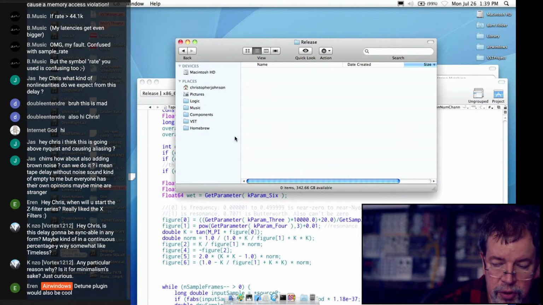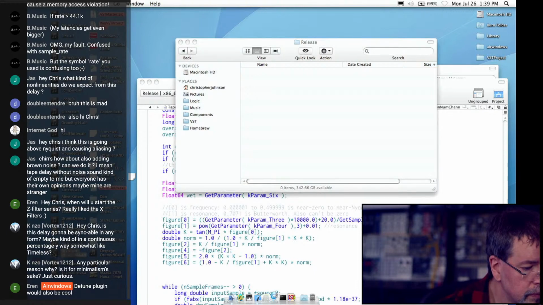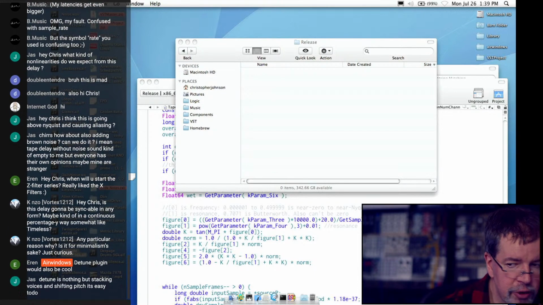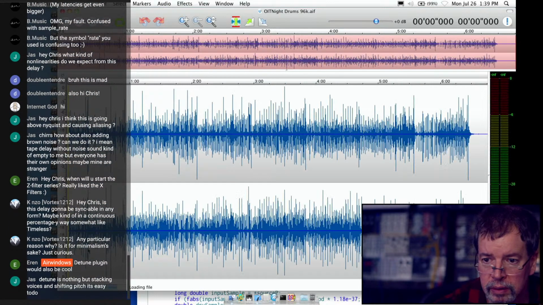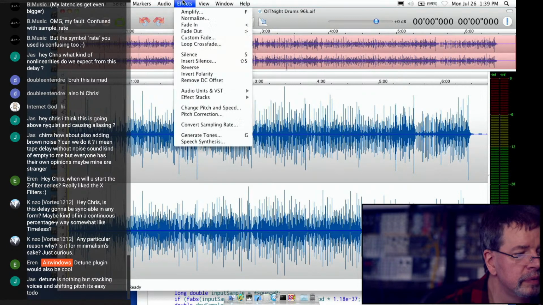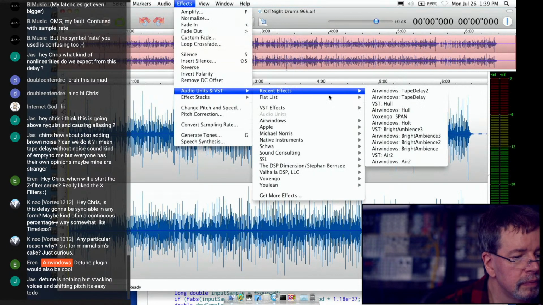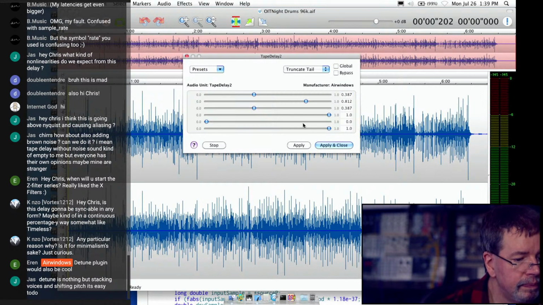Dude, as far as detune, look into glitch shifter. And triple spread. Do triple spread. What do we got?